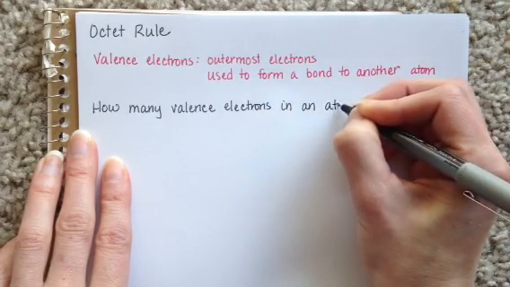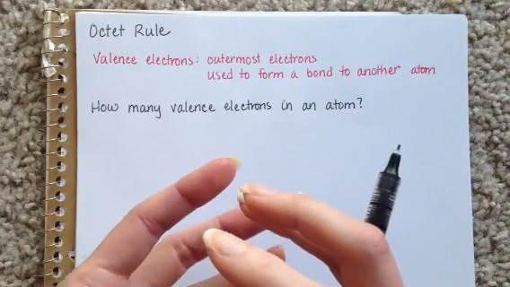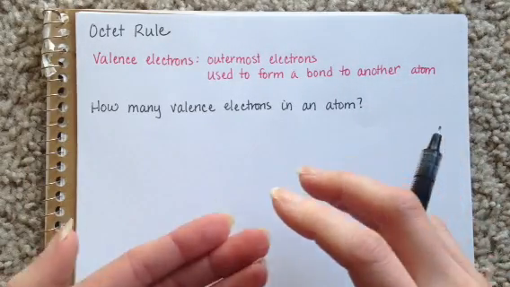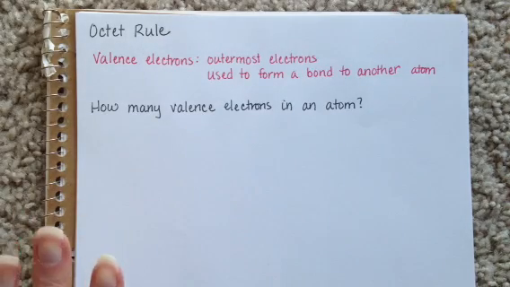Because it turns out that the number of valence electrons in an atom is a huge predictor in determining how it's going to interact with another atom. So it's the first thing that we need to figure out.